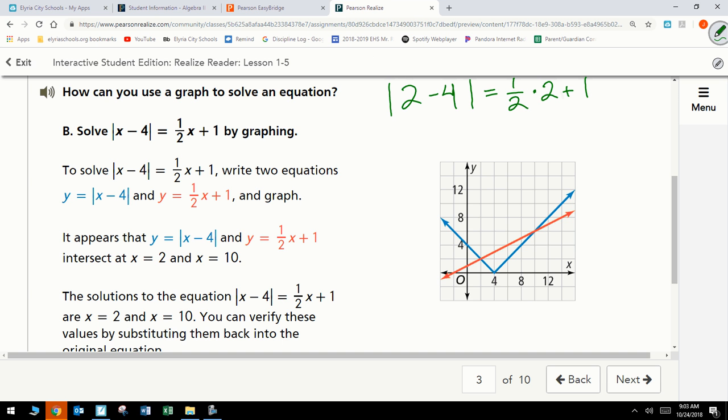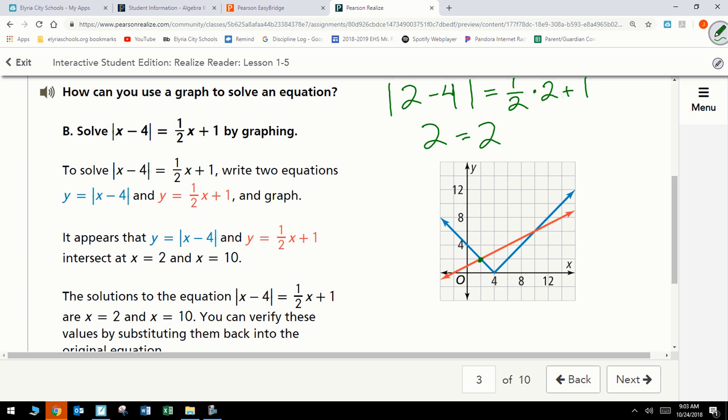So 2 minus 4 is -2. And the absolute value of -2 is 2. And then on the right side, a half of 2 is 1, plus 1 is 2. So is that a true statement? Yes, it is. So I know that x equals 2 is one solution.